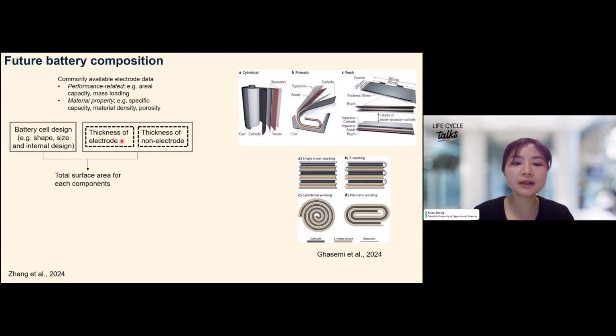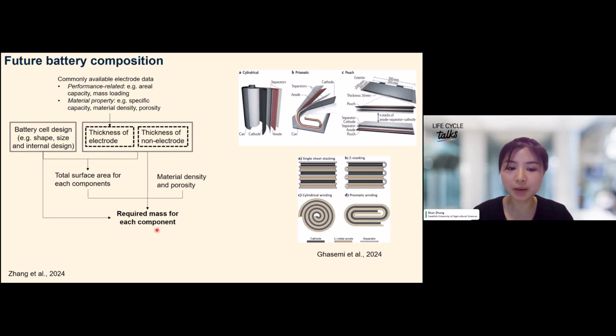Specifically, the thickness of the cathode and the electrolyte can be estimated based on the input parameters that we mentioned just now, and the thickness of the non-electrode components like separator and current collector can be estimated based on the commercial battery cell. Using this surface area in combination with some physical material properties, we can calculate the required mass for each component, as well as the battery weight.